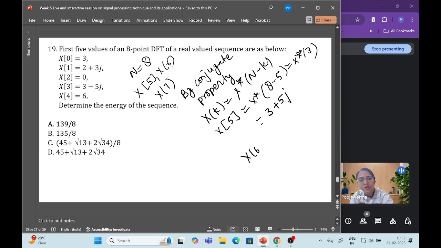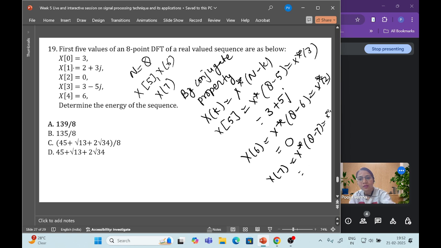Similarly for X of 6, X conjugate of 8 minus 6, that is X conjugate of 2. X of 2 is 0, so that will be 0 only. Similarly X of 7 is X conjugate of 8 minus 7, that is X conjugate of 1. X of 1 is 2 plus 3j, so that will be 2 minus 3j.